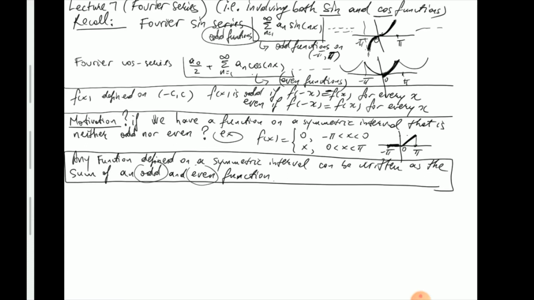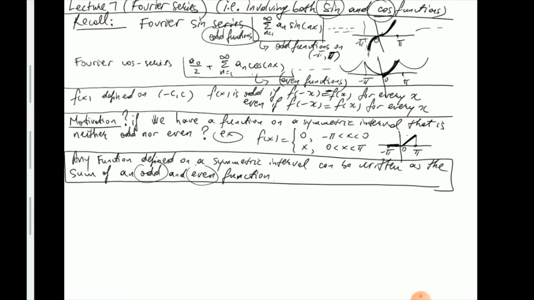That's the reason why, when we have functions that are neither even nor odd and we want a series representation, that requires both sine and cosine, as I mentioned in the title. And another good news is that to produce this even and odd part, it's actually pretty easy. You just have to know the little trick, which I'm going to explain right now.